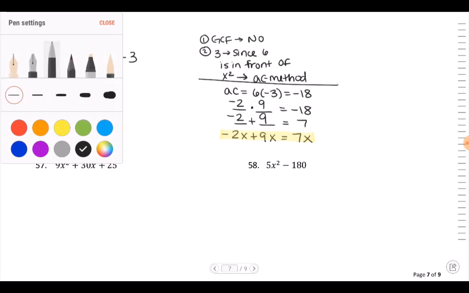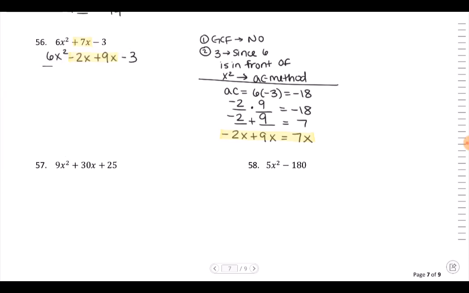So now I can group together my first two, 6x squared minus 2x. Put your plus sign in the middle, and then group together your second two. See, now it's just factor by grouping. So in my first group, I can factor out a 2x, which leaves me with 3x and then a minus 1.